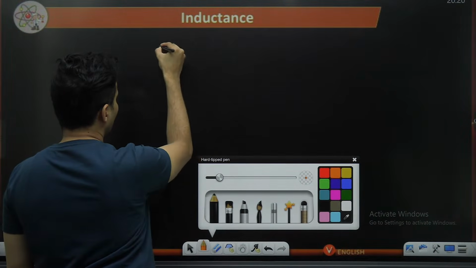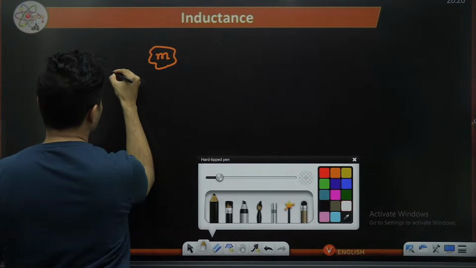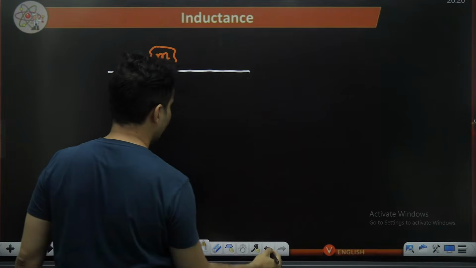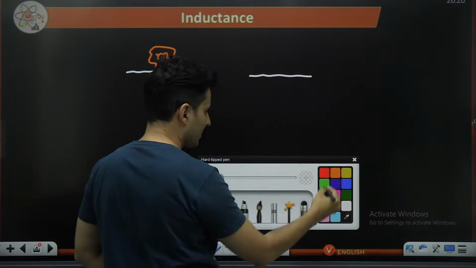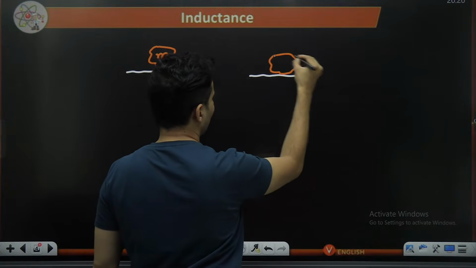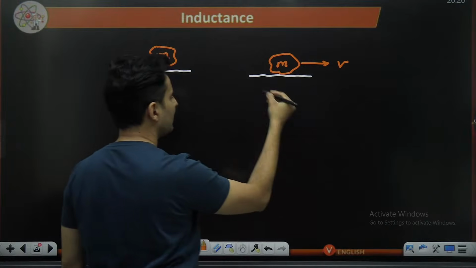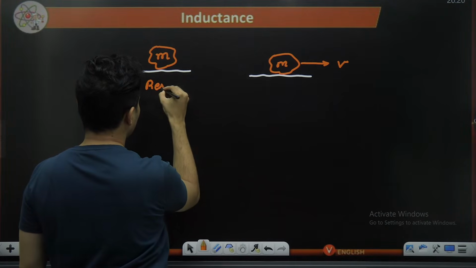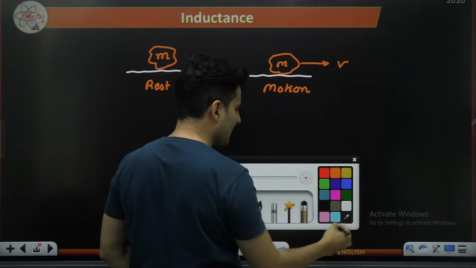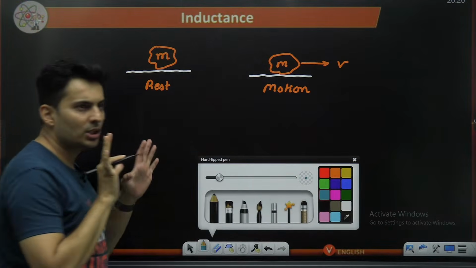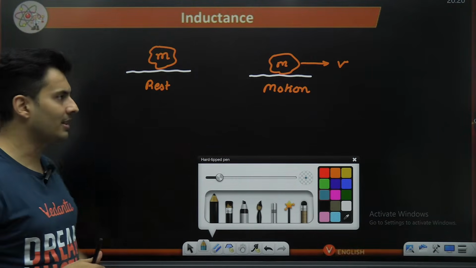If you have some kind of a mass which is lying flat on some surface, and you want this mass to move with some velocity, from rest you want to get it into motion. This process will involve the application of some force, and this mass will resist to change its state.